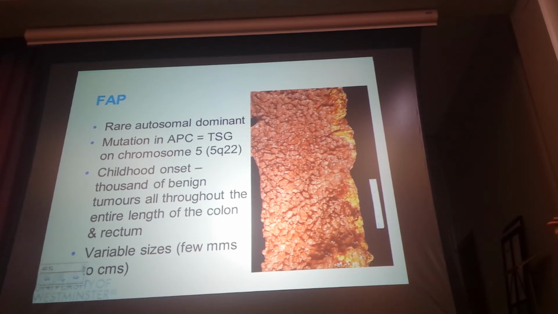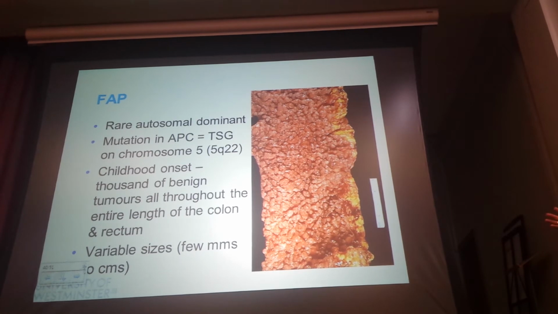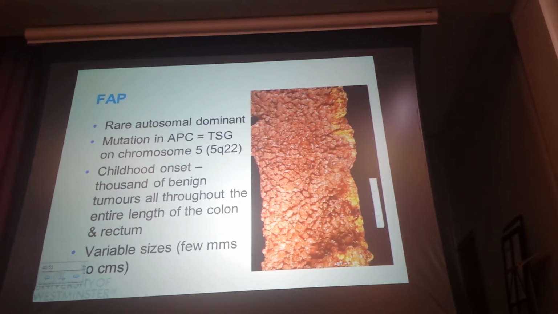But then they're going to acquire more mutations, and then they will become malignant. And it's a childhood onset because, as you can see, you already had a mutation in APC that had created all of these thousands of polyps. And it only needs a mutation in a couple of two or more other genes, and then it becomes malignant. And so that's why hereditary cancers usually have an early age of onset compared to a sporadic cancer.